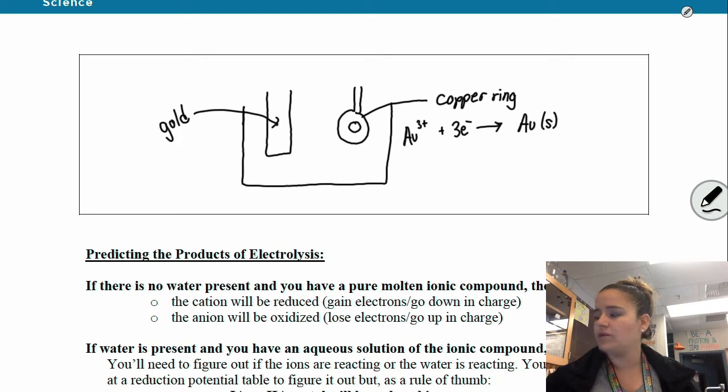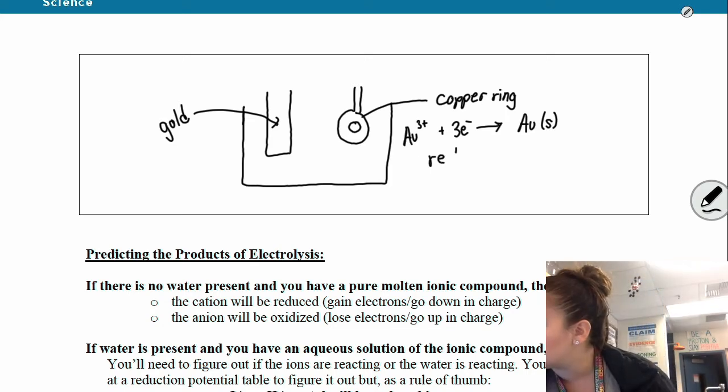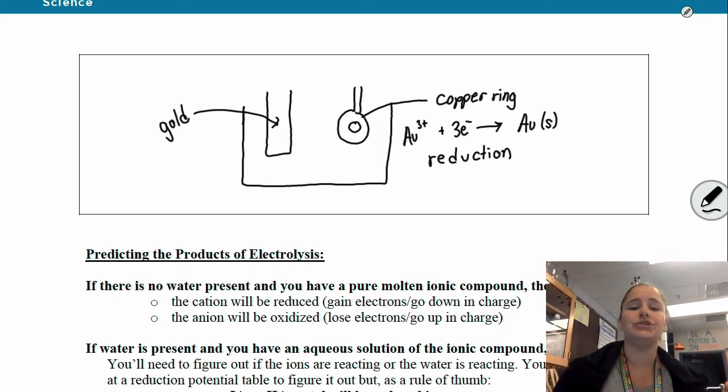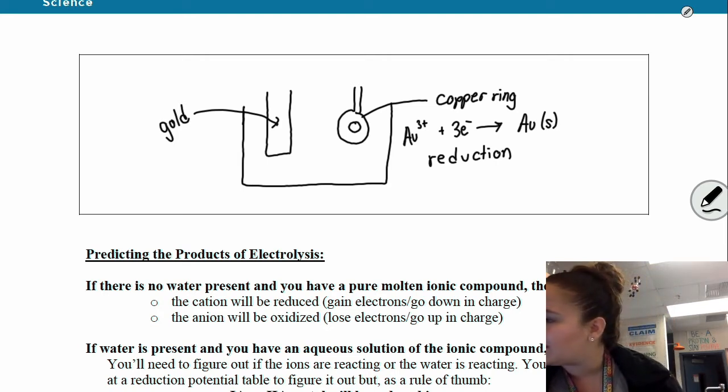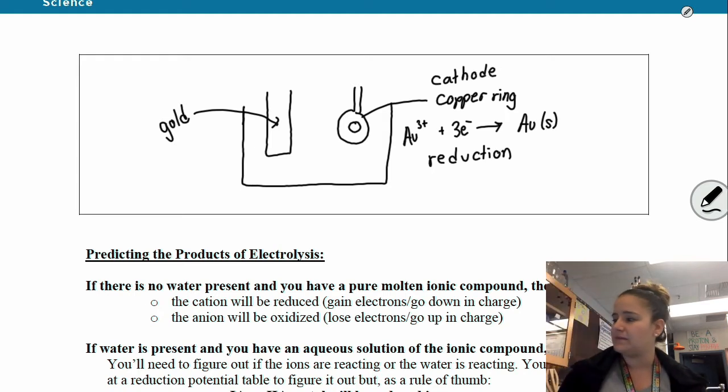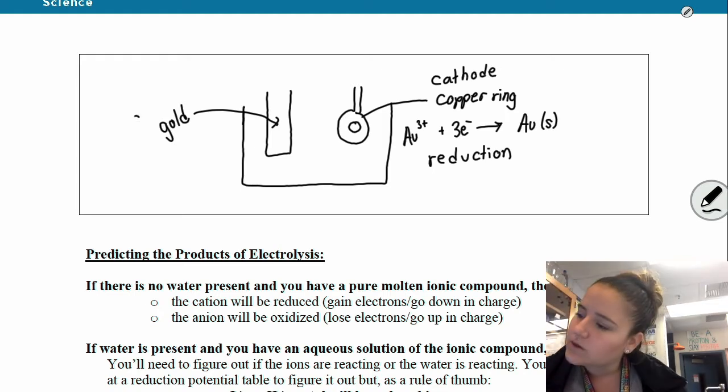Well, the gold is gaining electrons, and if you remember OIL RIG, reduction is gain. So this is our reduction reaction. The gold is being reduced onto the copper ring, and Red Cat: reduction occurs at the cathode. So we know our copper ring must be our cathode, which means our gold must be our anode.